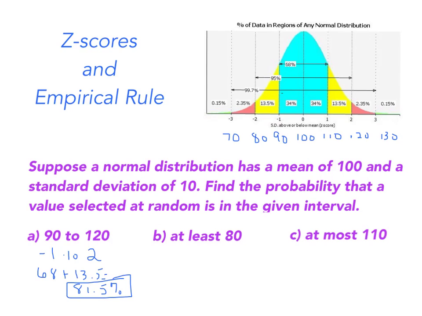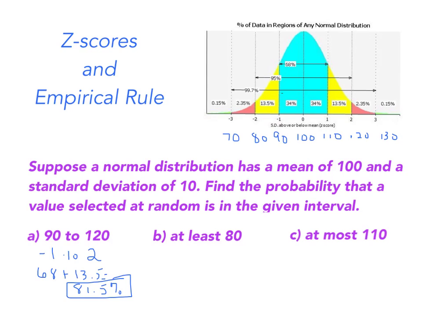All right, second interval, at least 80. Well, 80 would be a z-score of -2. So we want everything to the right of -2. We know from 0 on would be 50%, right?